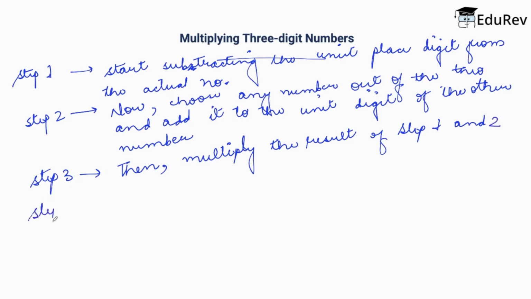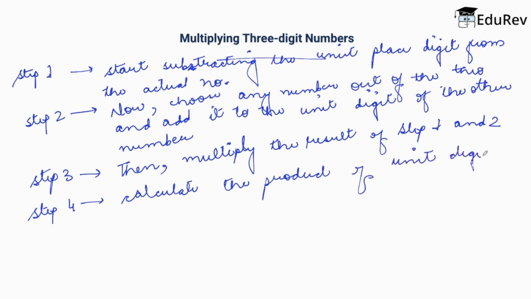And step 4 is that after this we need to calculate the product of unit digits of both the numbers.